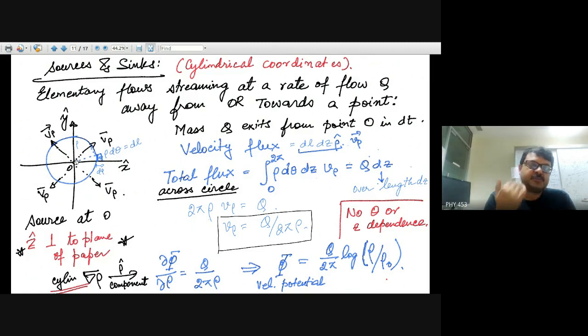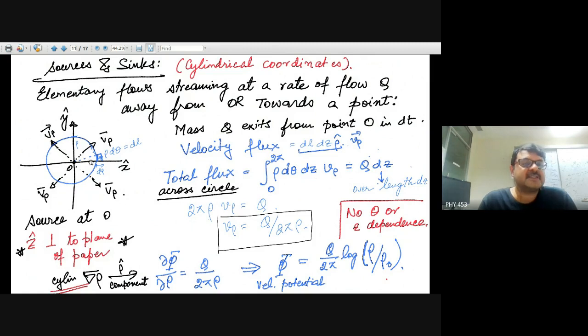And at each point along z there is a flow, a certain amount of fluid which is being introduced, basically, right? So elementary flow streaming at a rate of flow q. So every unit of time, volume q is being introduced, which is flowing out radially outward.